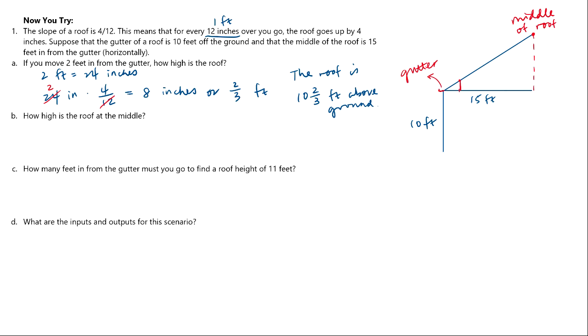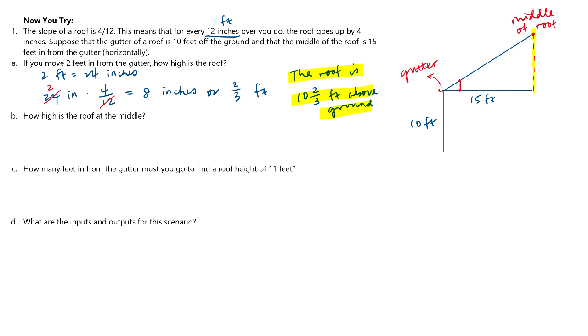Now similarly, if we have the situation where we want to find how high the roof is at the middle over here, so we're looking at this particular point as to how high it is. And to find that, we are essentially using a similar process to think about how long this highlighted side is going to be first. And to find the highlighted side, we know that that's 15 feet over from where the gutter is.